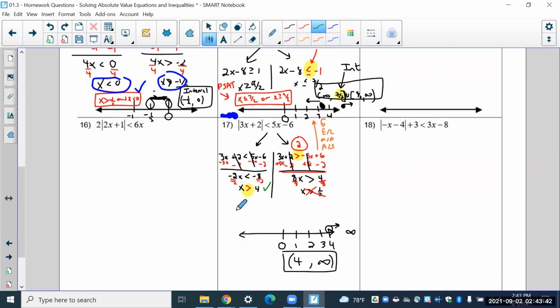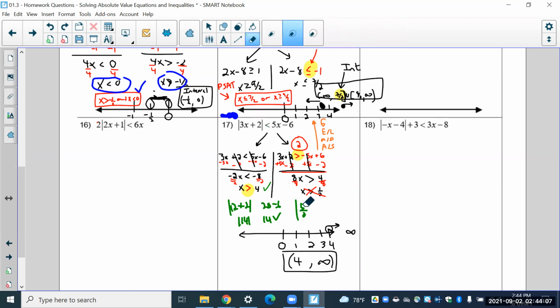If I check 4 in here, I would get 12 plus 2, absolute value of 14. And then if I put 4 into here, I get 20 minus 6, which is also 14. The 4 is valid. But if I put 1/2 in there, I get 3/2 plus 2, which is 5/2, right? So 1/2 times 3 is 1.5.